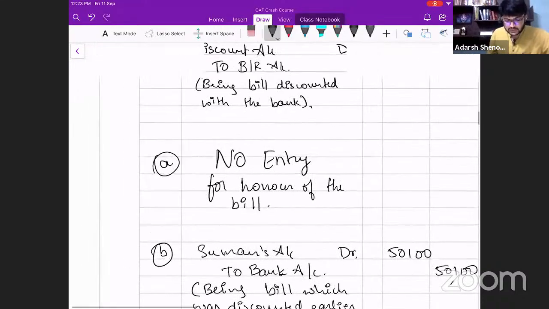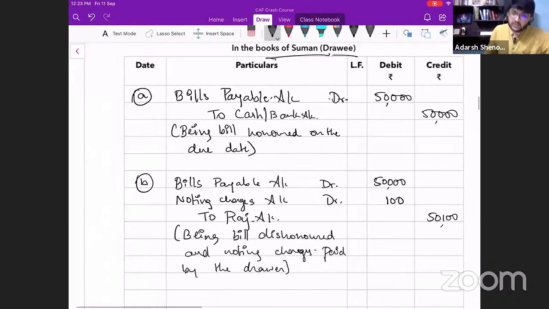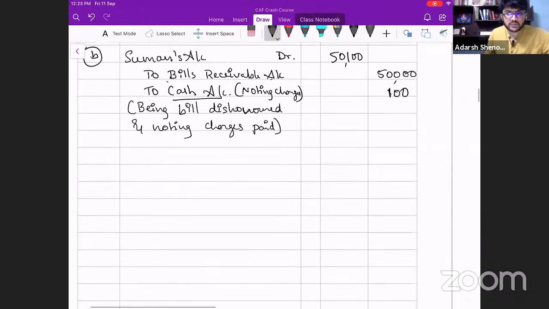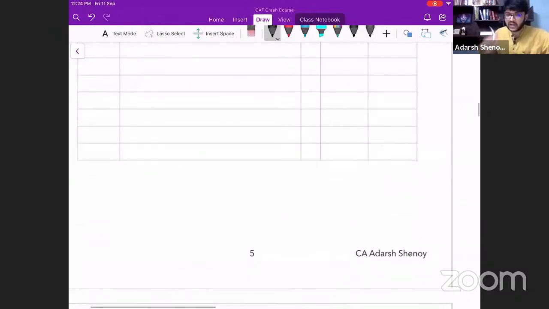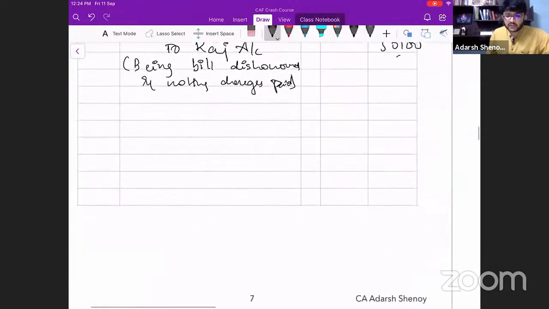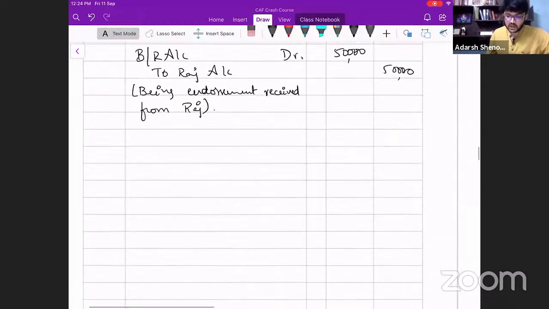In the books of the drawer, on the due date, you have always credited bills receivable account. Whoever is holding that document, the bearer of that document, has credited the bill receivable account on the maturity date, because that bill receivable has turned into a pure Shenga plate.